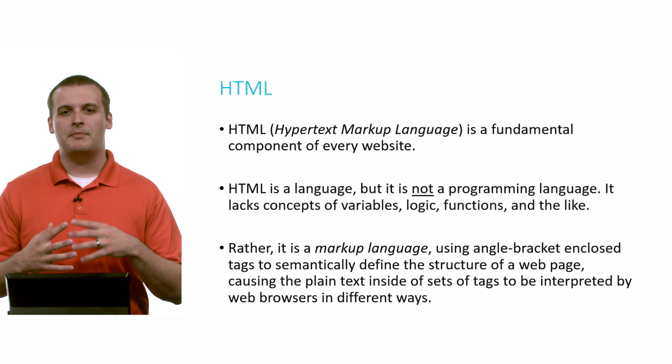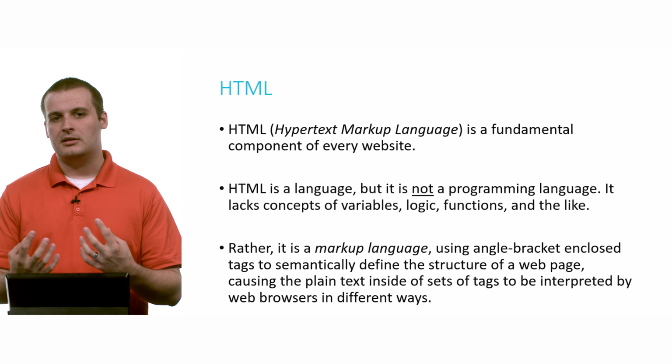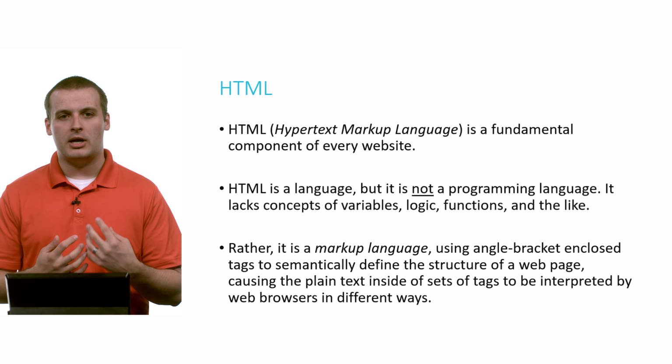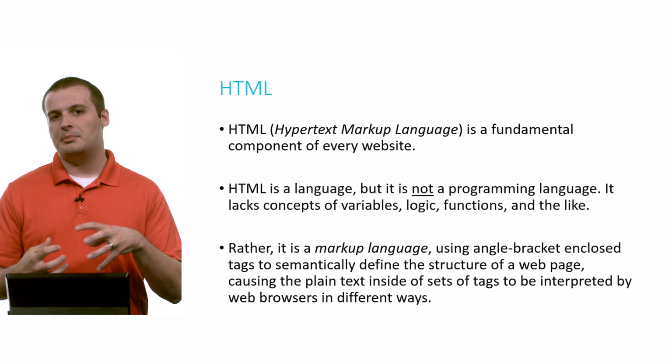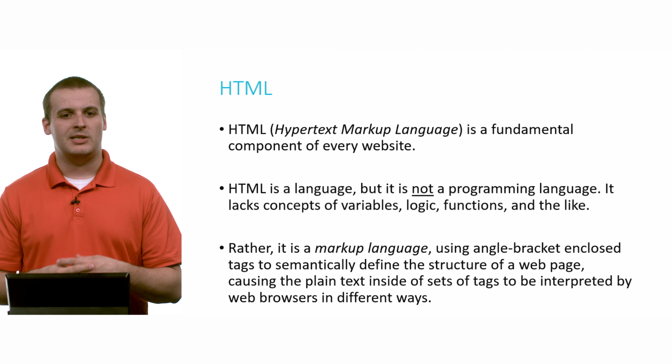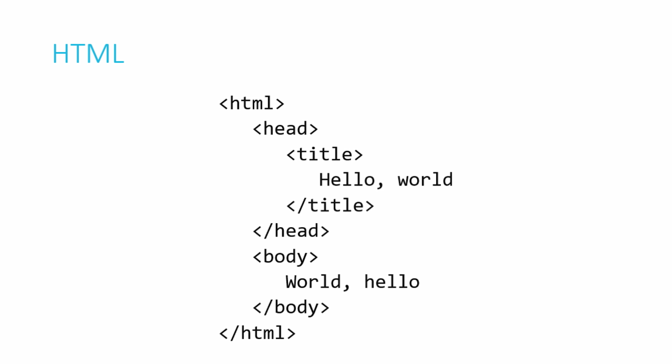And what this does, this markup, we use tags in HTML, and these tags, this markup, semantically defines the structure of a page and causes the plain text that exists between tags to be interpreted by browsers in different ways. And perhaps it's best to explain this by way of an illustration. Here is a very simple HTML page, not an HTML program, again, an HTML page.